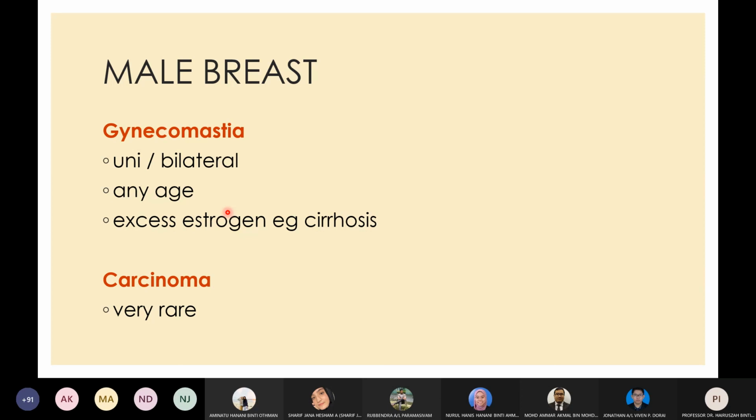Those cases that we have behave just like ductal carcinoma of the breast in females. So you can reserve this for your clinician later on when you do your surgical posting. They might have the experience, but data is not that much. I just want to note that it can happen. Being a guy doesn't mean you're spared.